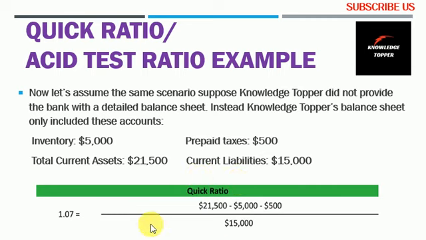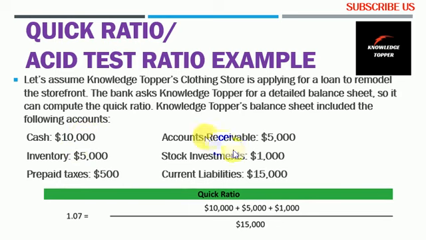If I show you, as you can see right here, we have $10,000 of cash and $5,000 of accounts receivable. If we add 10,000 and 5,000, we get 15,000, and we have a stock investment of $1,000. If we add the $1,000 to $15,000, we are left with $16,000.